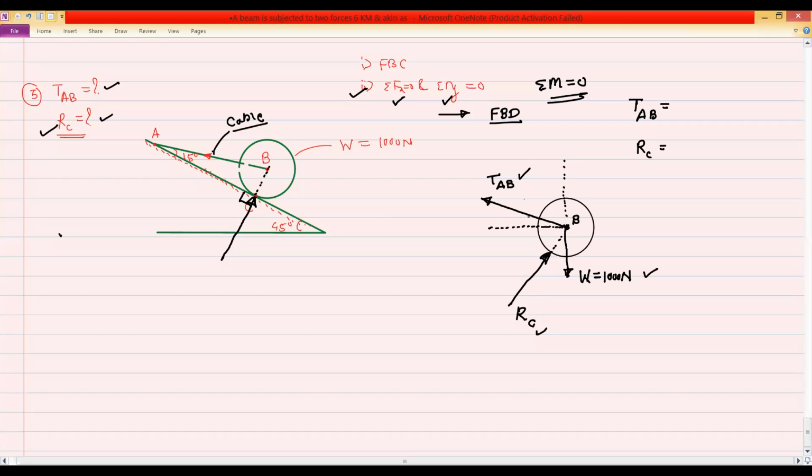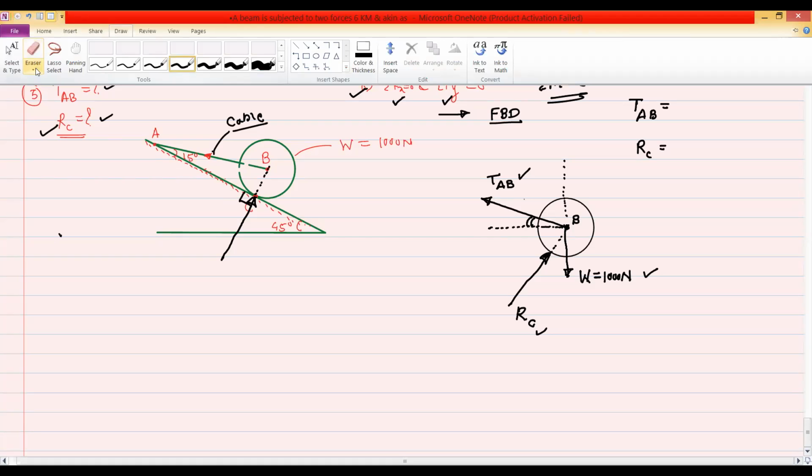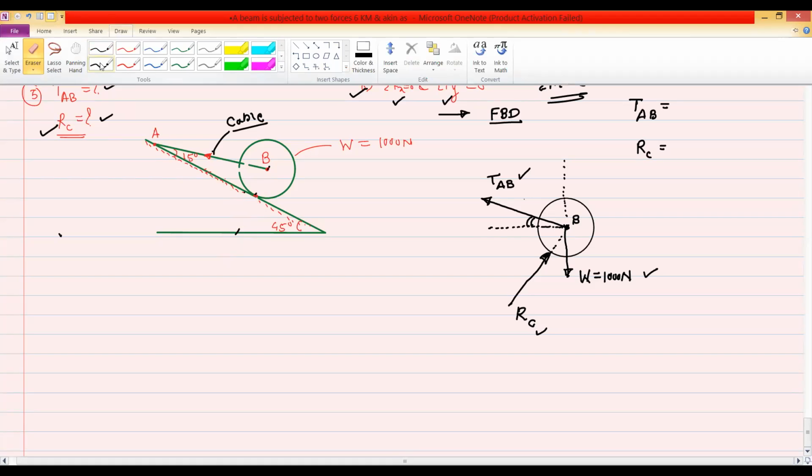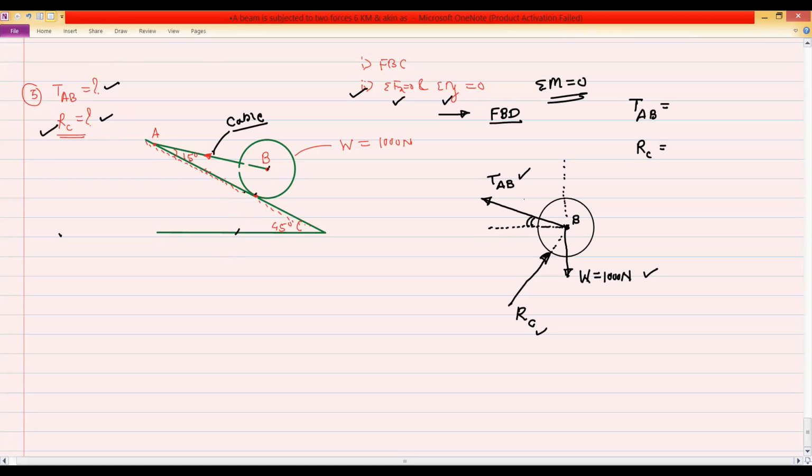We have to find the angle of tension AB with respect to the x-axis. You can observe the given geometry. In this geometry, this angle is 15 degrees for the cable.